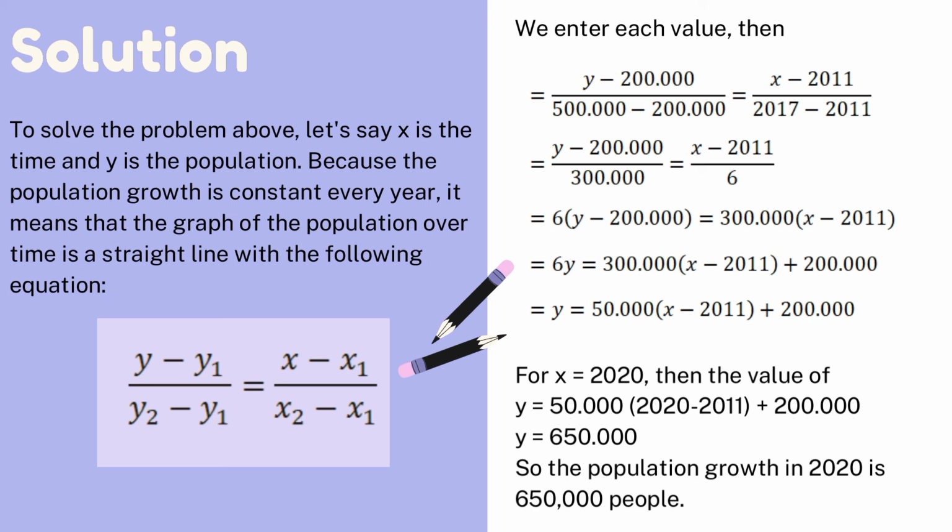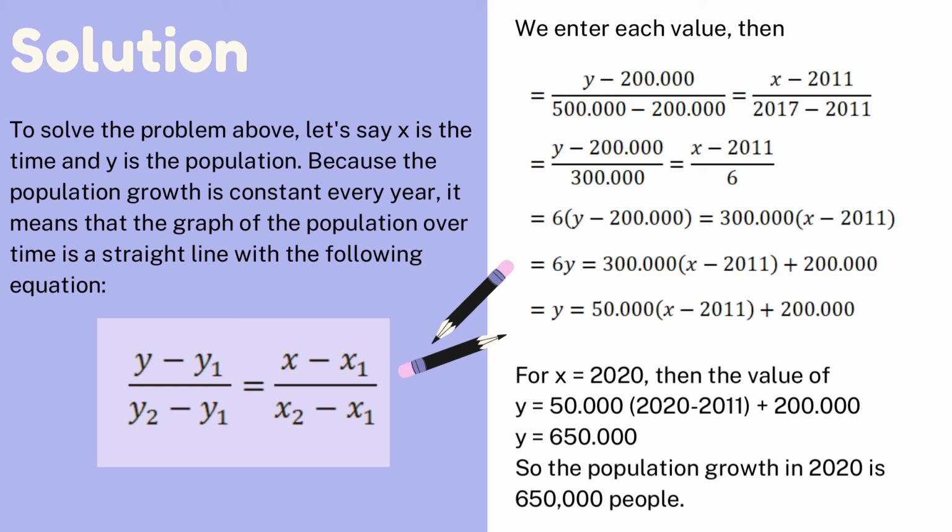We get y equals 300,000 over 6 times (x minus 2011) plus 200,000. If so, y equals 50,000 times (x minus 2011) plus 200,000.